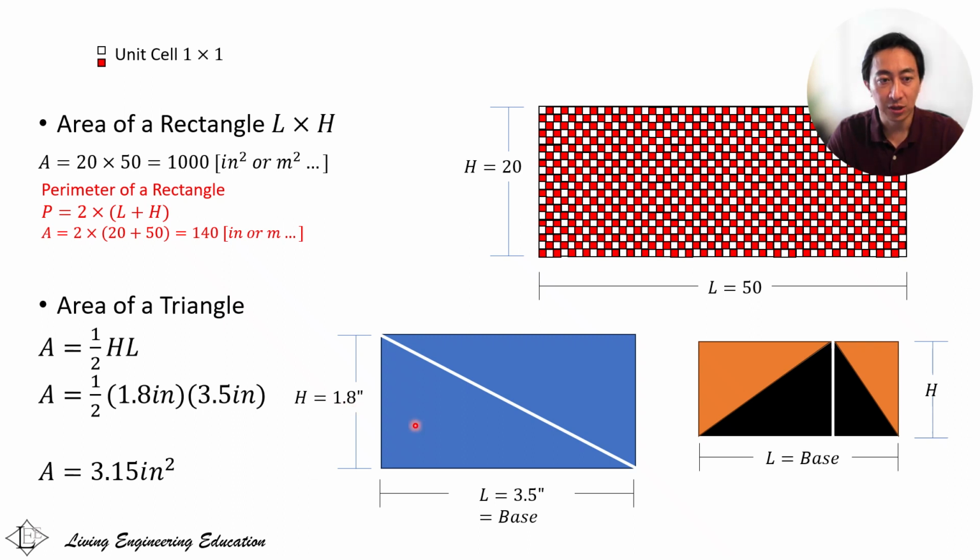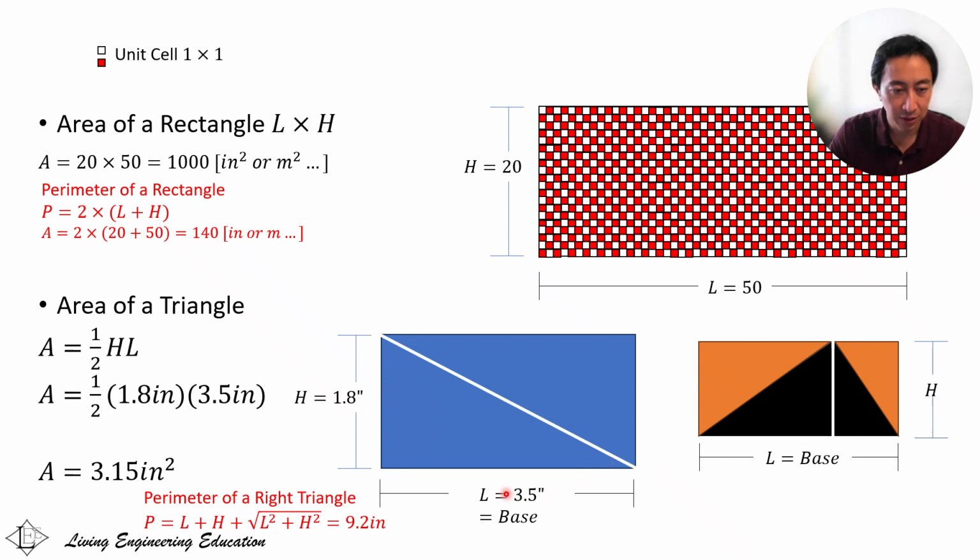If I want to find the perimeter of a right triangle, it would be this length plus this length plus this diagonal length. Right here we have our height h, and right here we have our length L. Because we're specifically looking at a right triangle, we can apply the Pythagorean theorem.